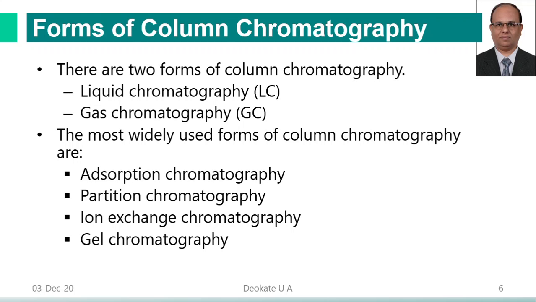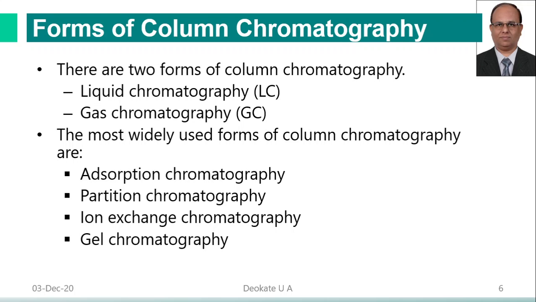In the case of adsorption chromatography, the basic principle is adsorption onto the stationary phase. In partition chromatography, liquid is held on the support and a liquid is used as the mobile phase, and partitioning between the liquid stationary phase and the liquid mobile phase occurs.